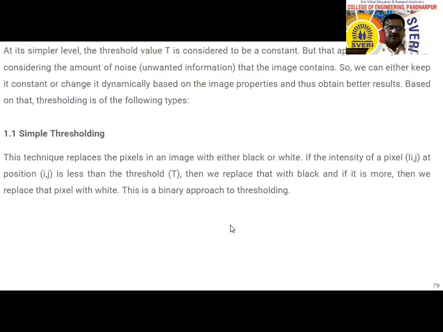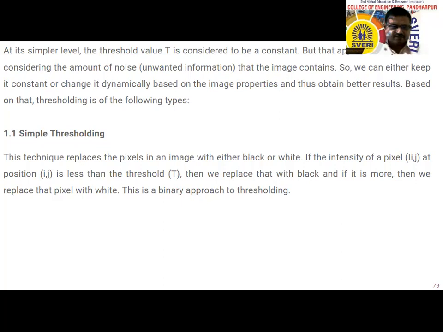At its simpler level, the threshold value T is considered to be constant, but that approach may be futile considering the amount of noise, that is unwanted information, that the image contains. So we can either keep it constant or change it dynamically based on the image properties and thus obtain better results. Based on that, thresholding is of the following types.